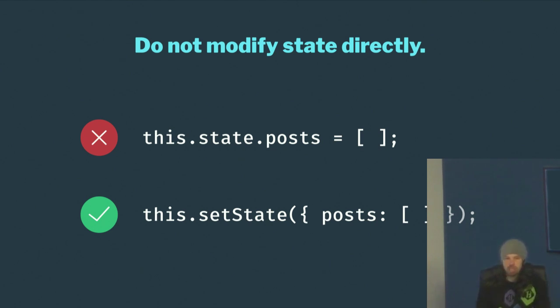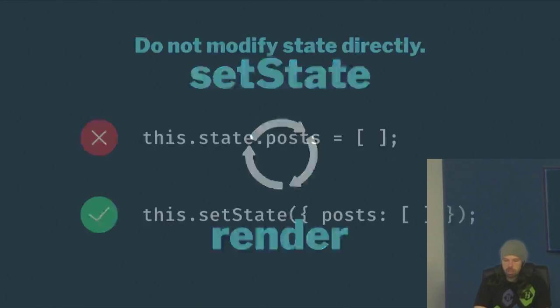Each of those keys should represent a piece of state in our application, and each of the values is going to be the value for that piece. Okay? So don't modify state directly. And when I say don't modify it directly, I mean after the initial state. Don't try and change the state using assignment. Use the setState method.